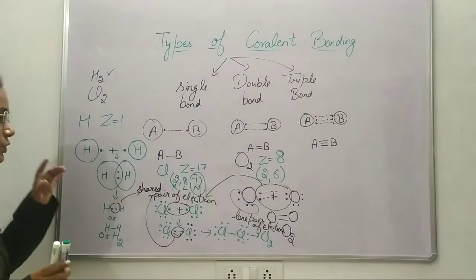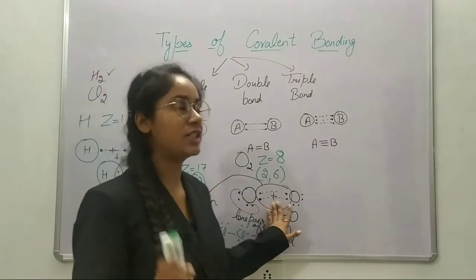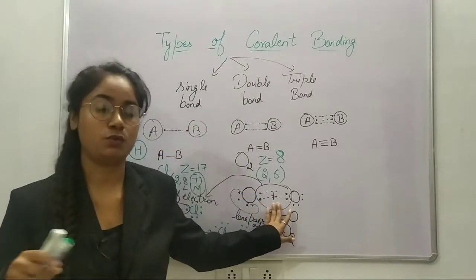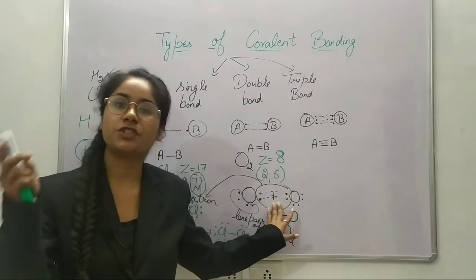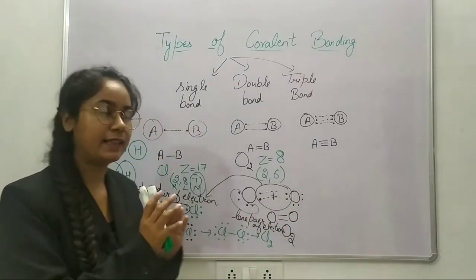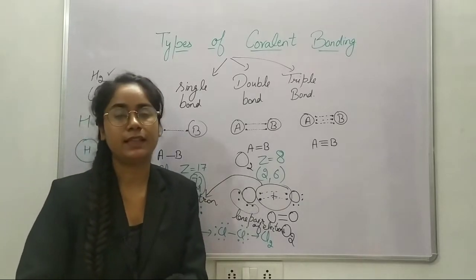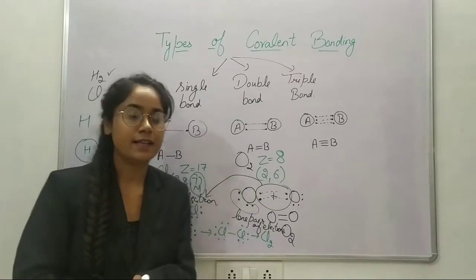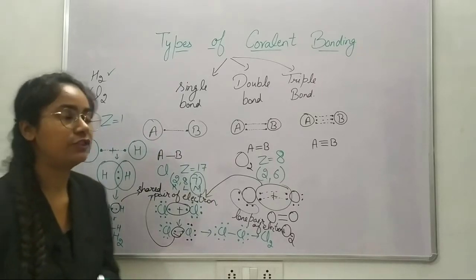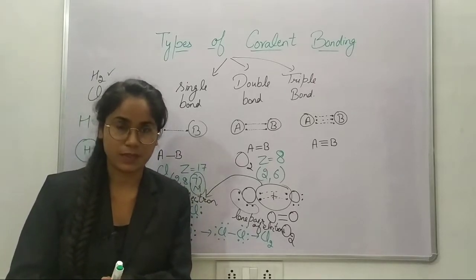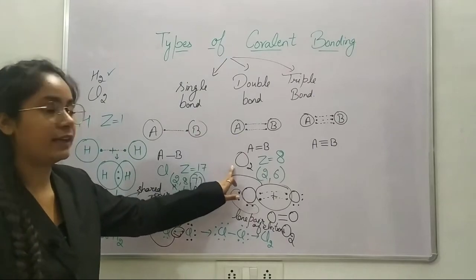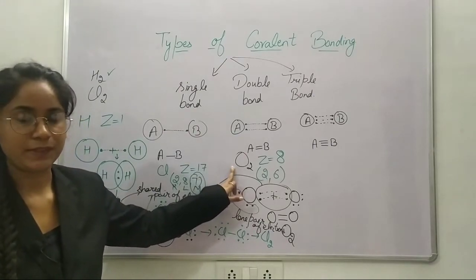So it is clear to you: the electrons which are shared between 2 or more atoms are known as shared pair of electrons, and the electrons which are left in the outermost shell and are not being shared with the other atom are known as lone pair of electrons. Okay, so you all are clear with the oxygen.